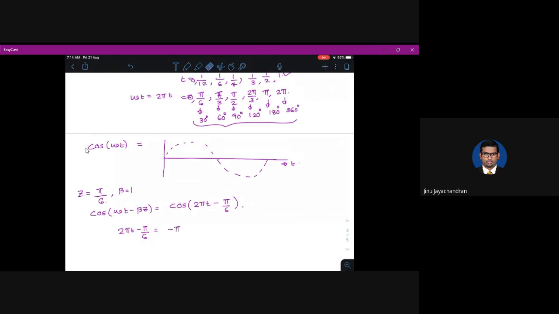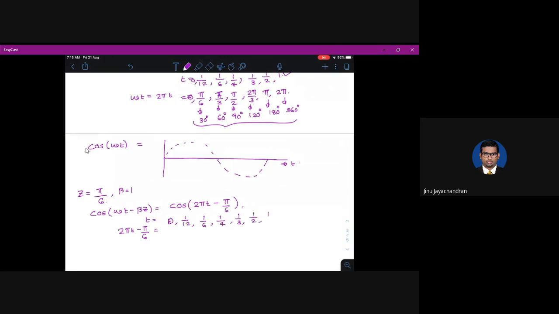Let me write the t values again. So t is equal to 0, 1 by 12, 1 by 6, 1 by 4, 1 by 3, 1 by 2, 1.